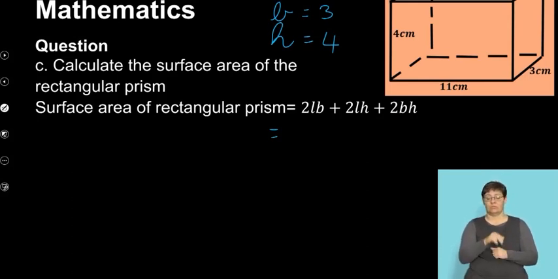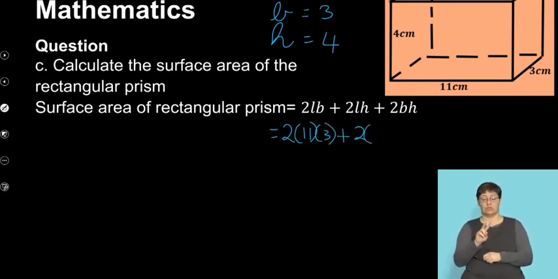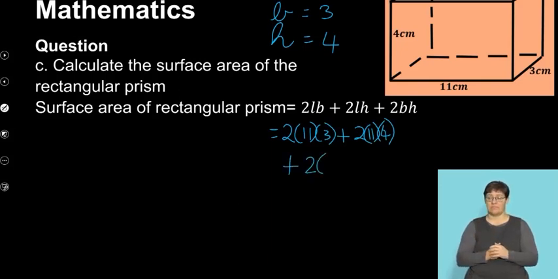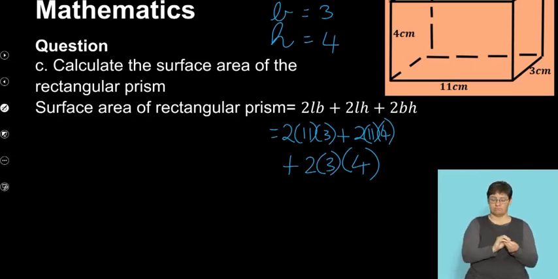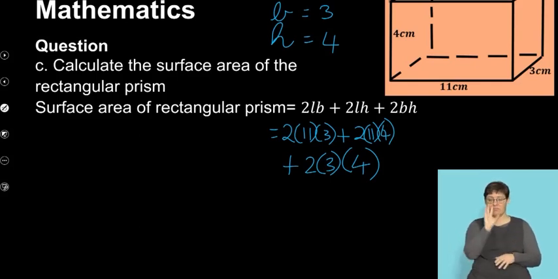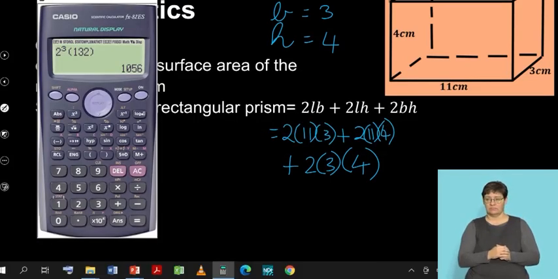So I'm going to have 2 times 11 times 3 plus 2 times my length times my height, which is 4. Then I'm going to have plus 2 times my breadth, which is 3, times my height, which is 4. So I've now substituted in the length, the breadth, and the height to get the area of all of these rectangles.